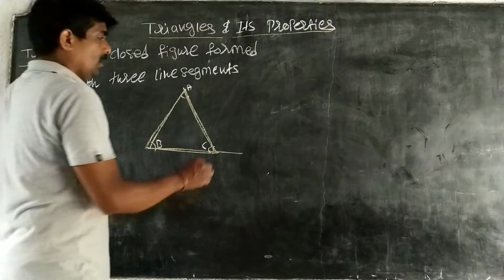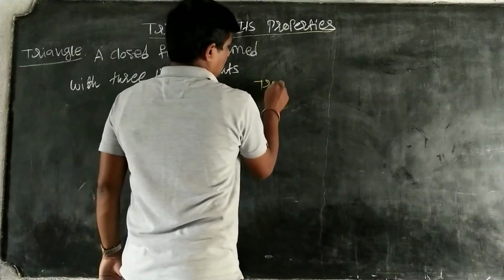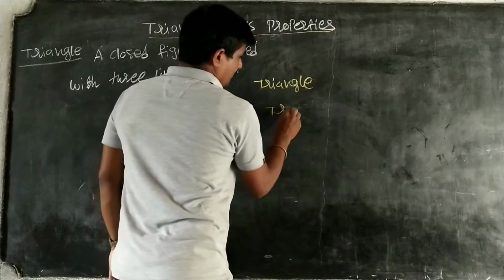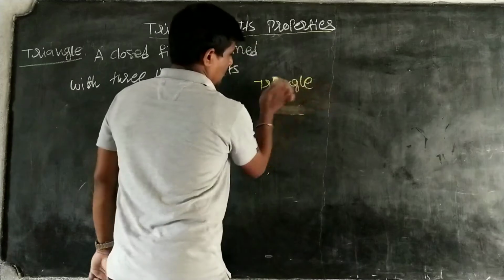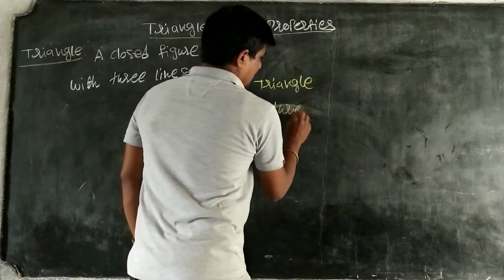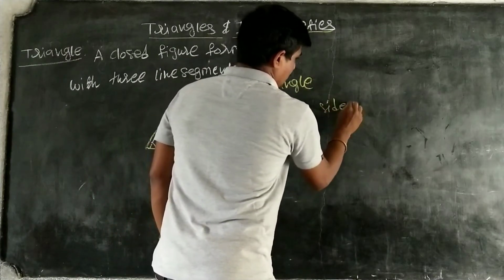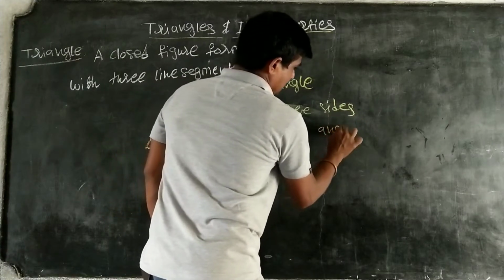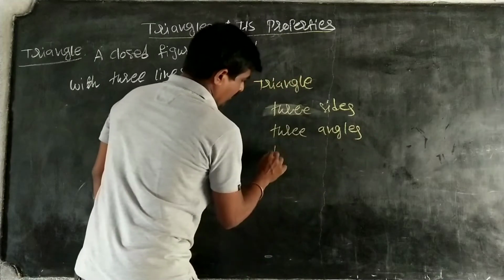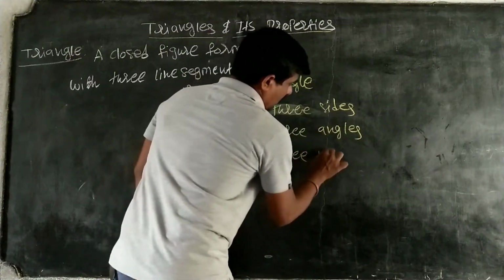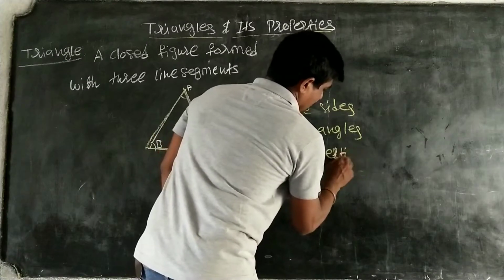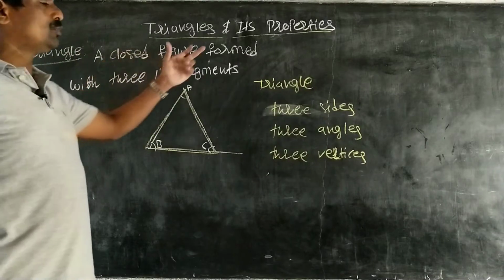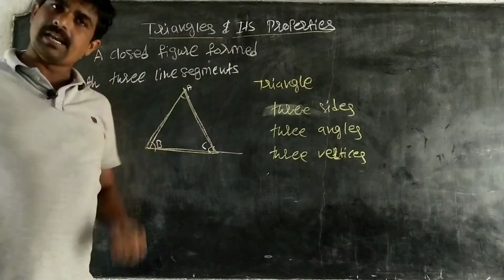A triangle has three sides, three angles, and three vertices. So, what is a triangle? A closed figure formed with three line segments.